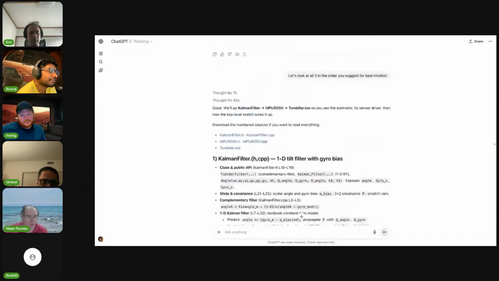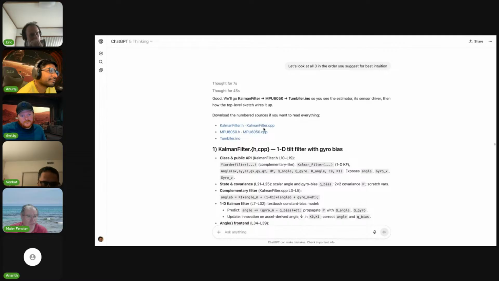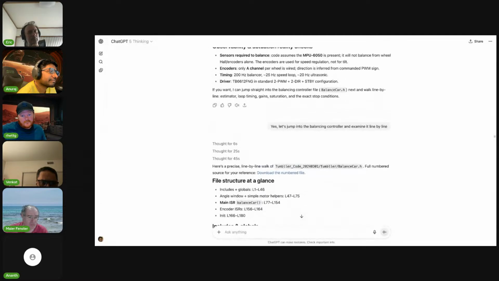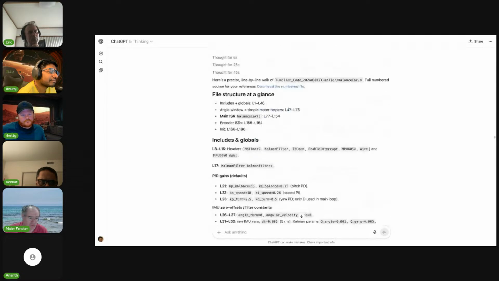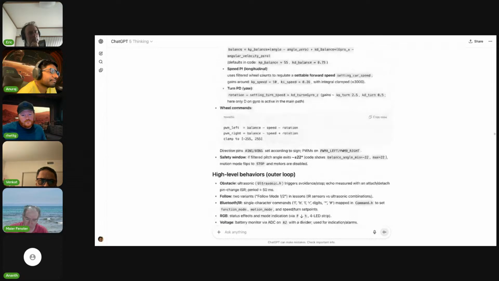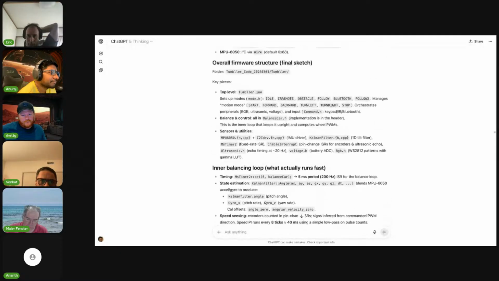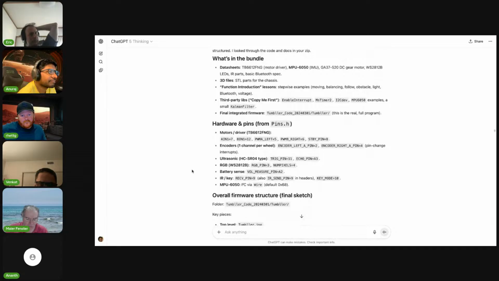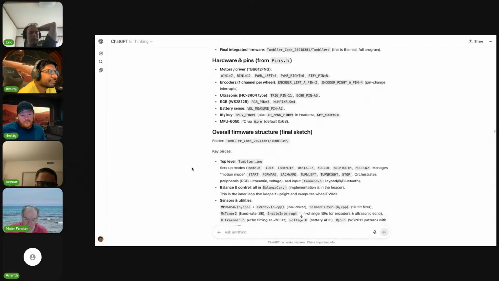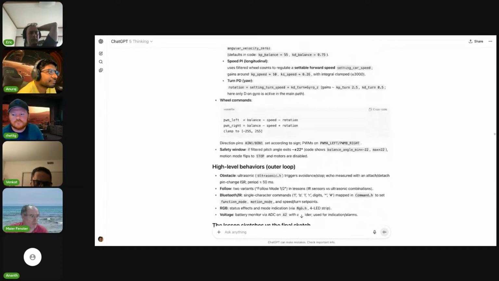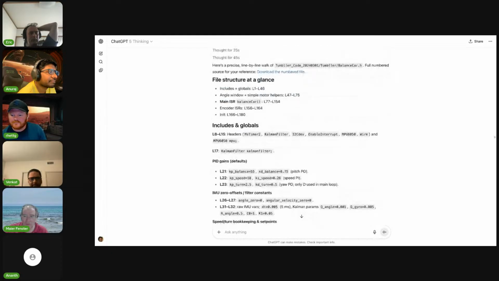The main files to look at, it says, are the two Kalman filter files, and there's a balance car.h.